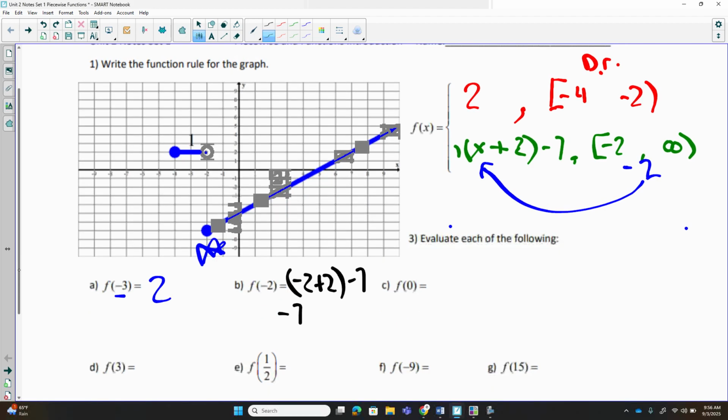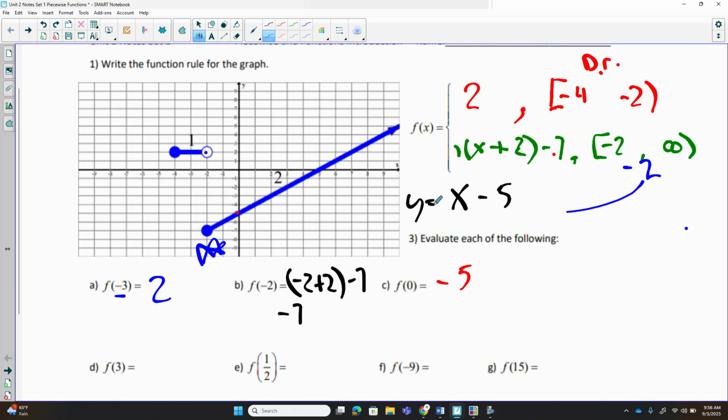Lydia, help me out with f of 0, since I'm doing so horribly at this. What would f of 0 be? -5 is correct. It is really straightforward. It is right there where the x-intercept, or I should say the y-intercept, is. Now, as Kylie had written this equation as this one right here, in A block, I asked this question, and Garrett gave it to me as x minus 5.